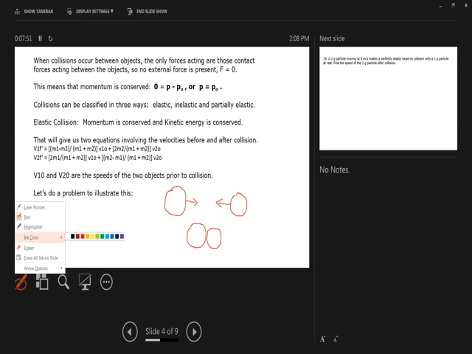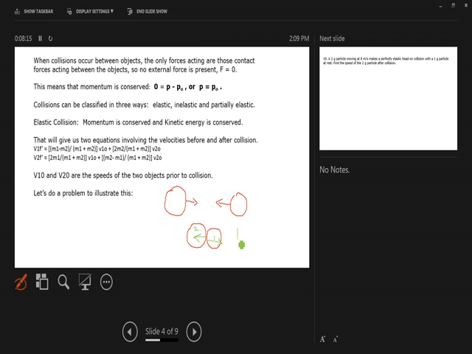let's have a different color. When they strike, ball 1 will exert a force on ball 2, if this is 1 and this is 2. But ball 2 will exert a force on ball 1 in the opposite direction, equal and opposite.